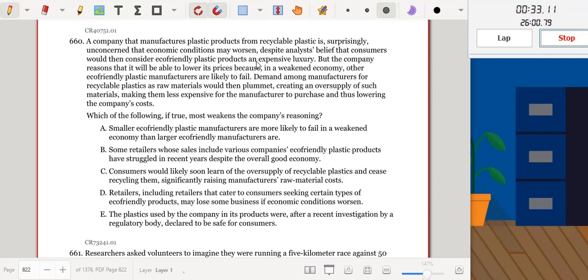So they are unconcerned about the analysts' belief.